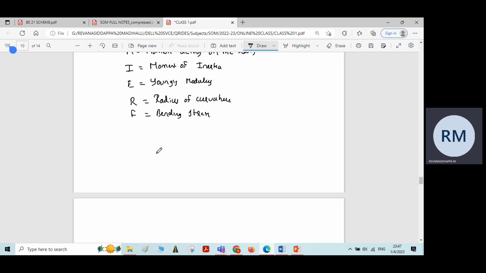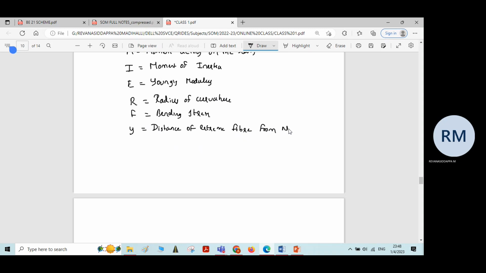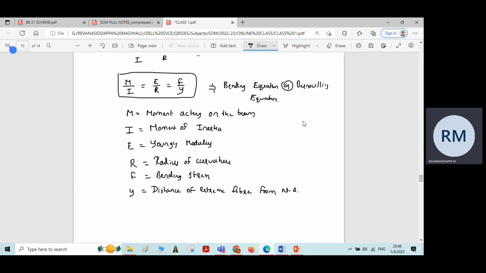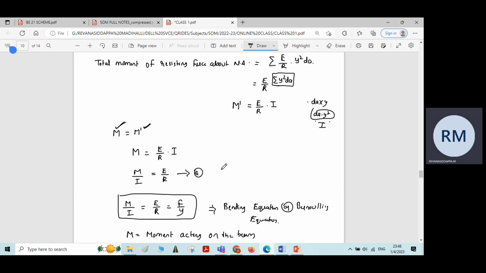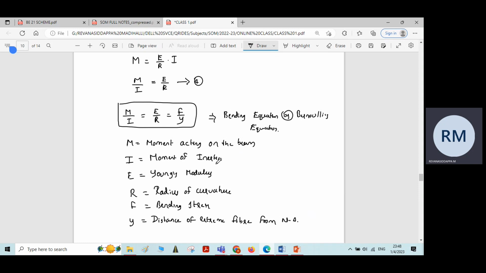Then Y is the distance of the extreme fiber from the neutral axis. So this is the required bending equation, that is M by I is equal to E by R is equal to F by Y.